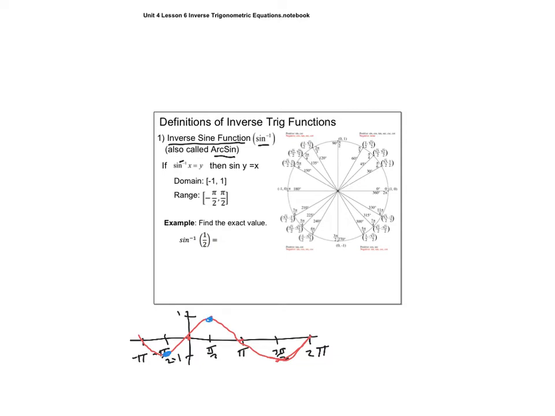Normally your domain for the sine function would be negative infinity to infinity, that's your x values, and your range would be from negative 1 to 1. Well, they swap with the inverse. So your range becomes your domain, and your domain becomes your range, but because we have a restriction from negative pi over 2 to pi over 2, that becomes our range because it has to pass that horizontal line test.